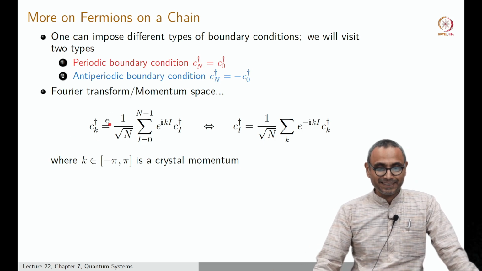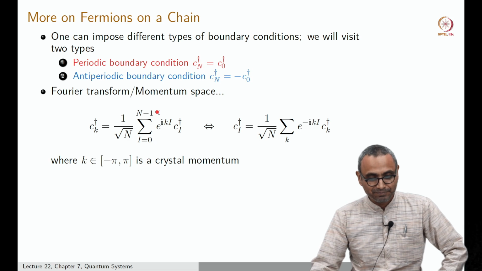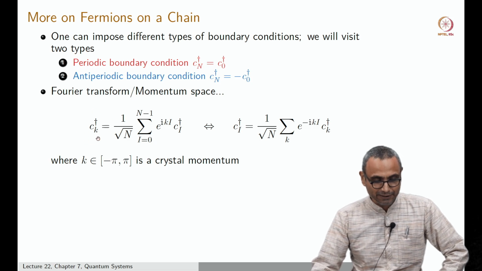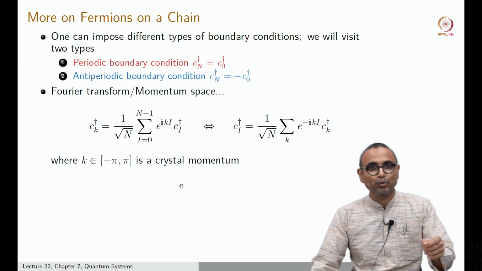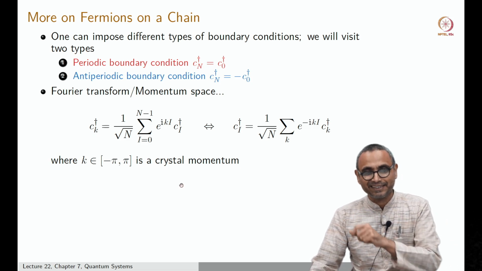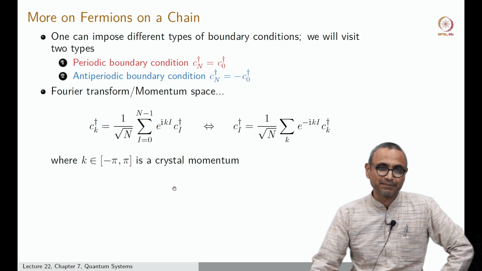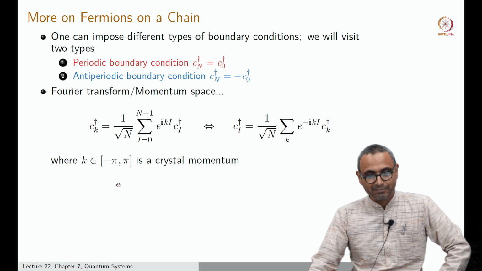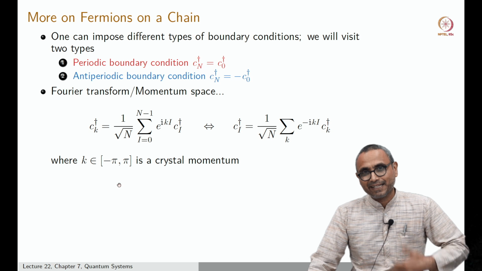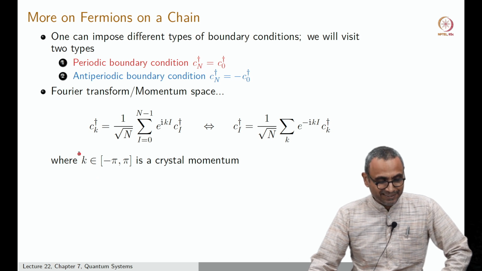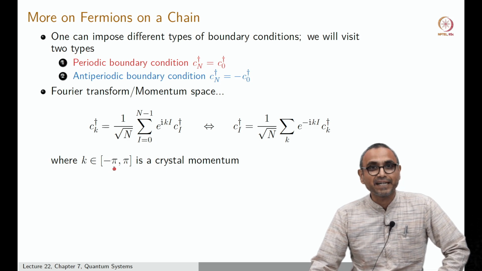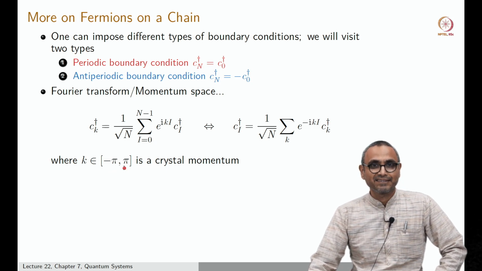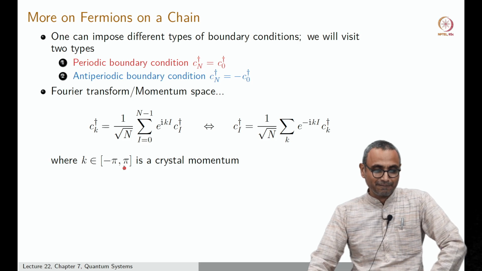This is done by the technique of Fourier transformation, and I have simply defined the Fourier transformation here. So k is what is called the crystal momentum, because you are in the one-dimensional lattice. So it's a one-dimensional crystal, it's momentum in the crystal. And in the way we have set up this problem, the crystal momentum lies in the interval minus pi to pi.